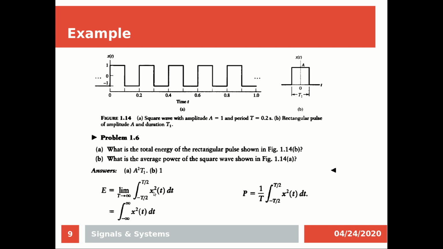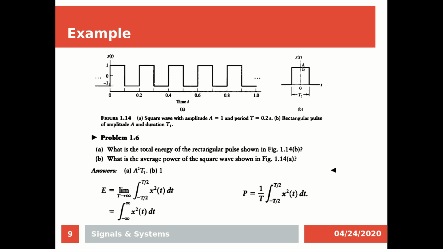What we have here is x squared of t. What is x of t here? It is a square pulse, and as we said before, you give the amplitude of the signal and you put the limits.